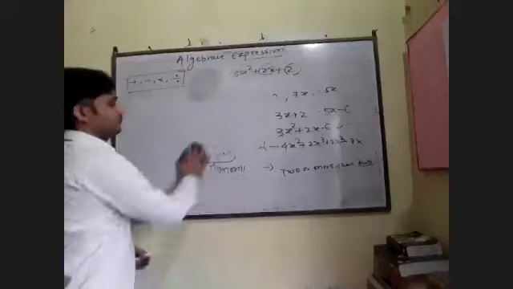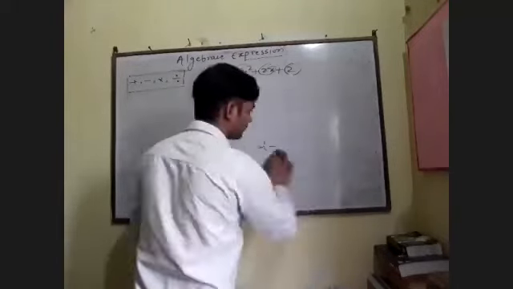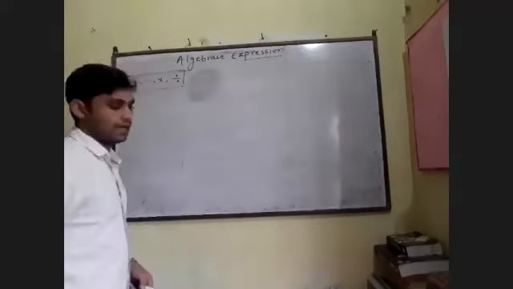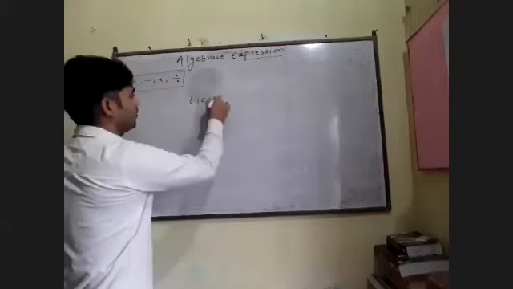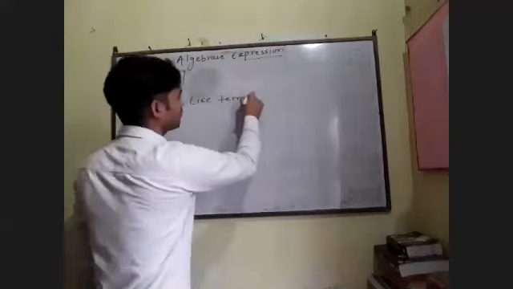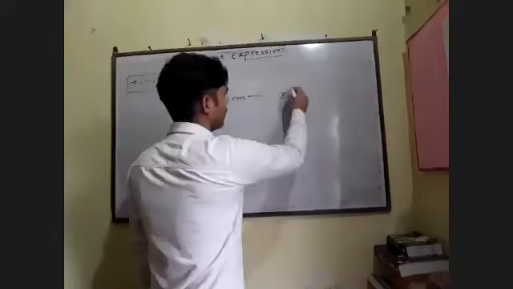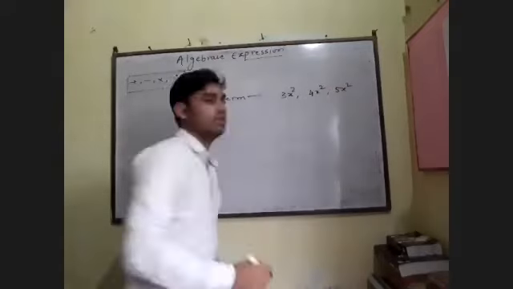Now let's see like terms. What is a like term? Like terms: we can write 3x square, 4x square, 5x square. Understood?